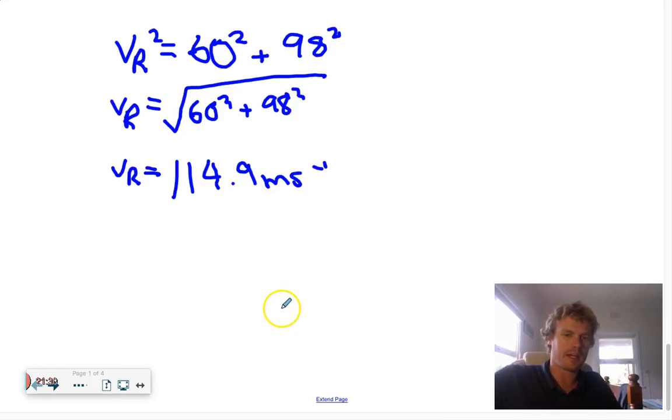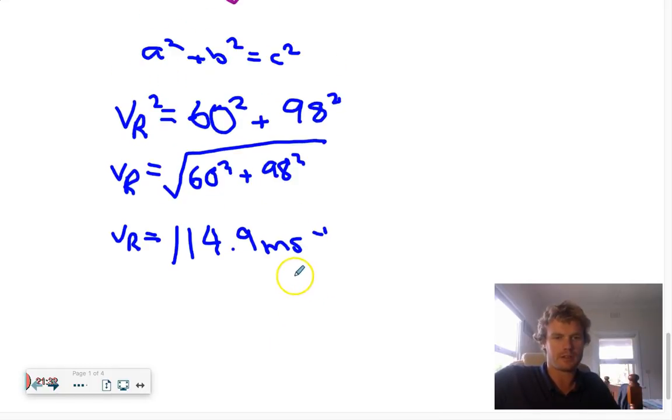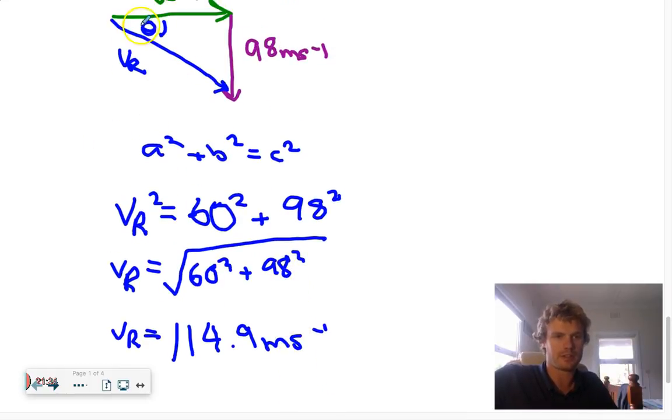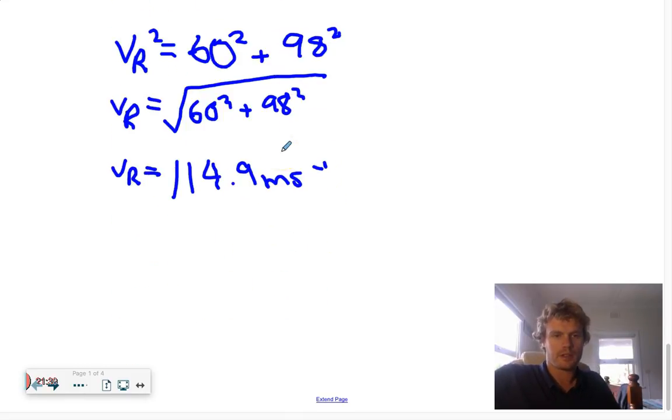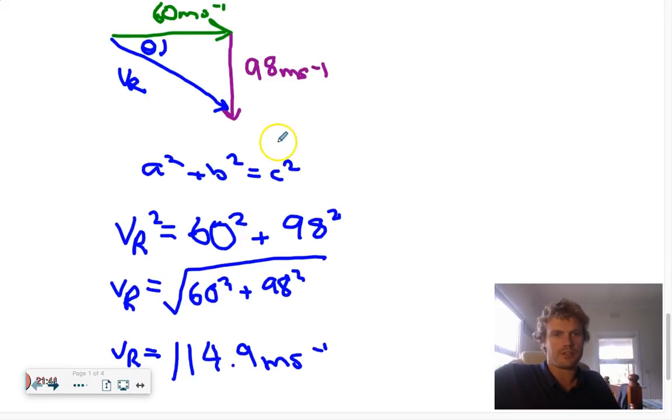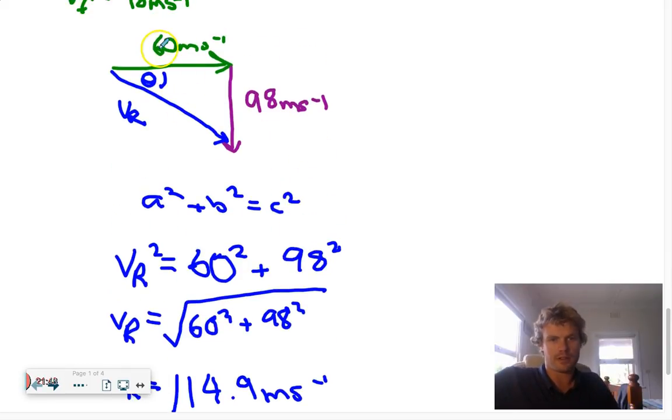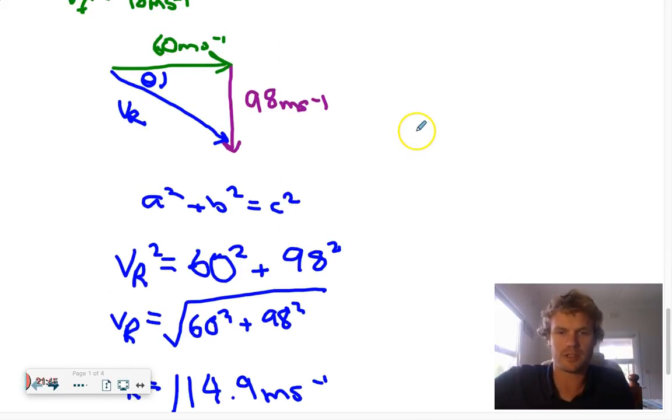And now I need to work out the angle at which it is hitting the water. So this angle here, below horizontal. So the way I can work that out is using these two sides and the tan ratio for trigonometry.